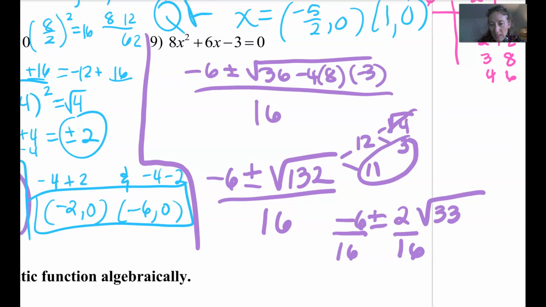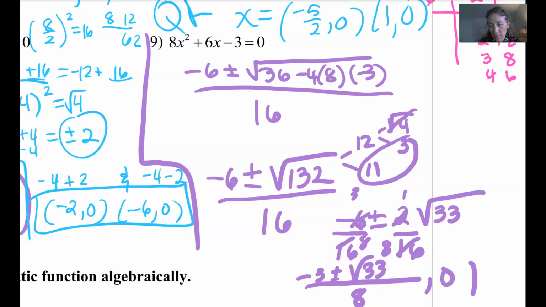So now I've got 16 and 6, that's going to be negative 3 over 8, plus or minus 2, that's going to just divide into 1 and 8. This is 3 and 8, so they're both 8, that's why I'm leaving it. And then rad 33, comma 0. Very cool. This is a lot of fun.